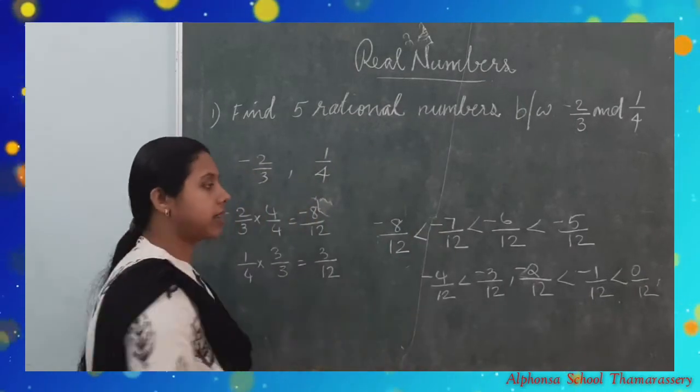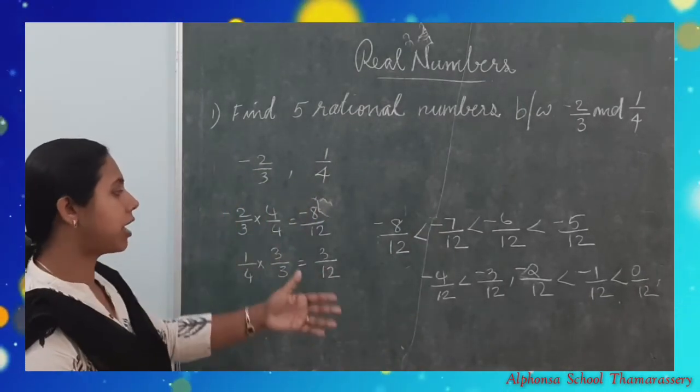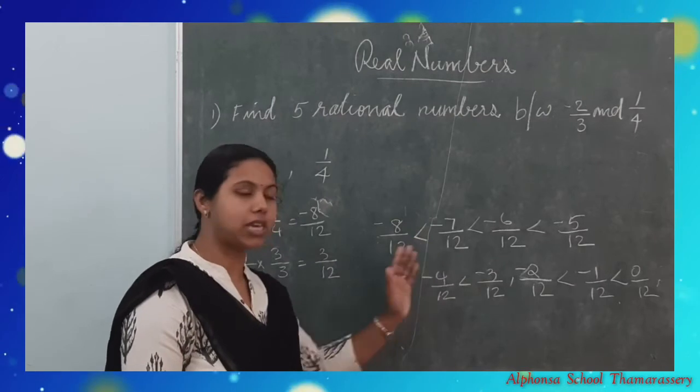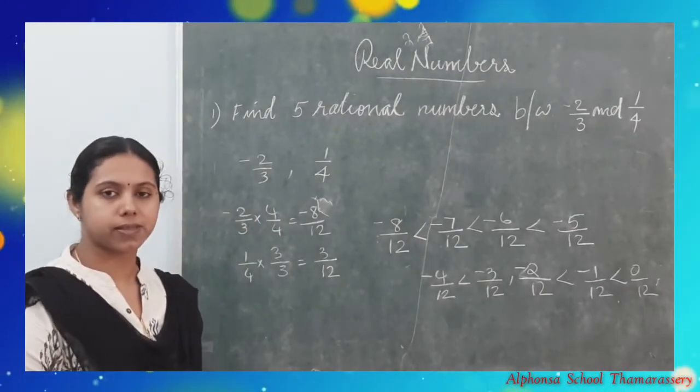Again, it's going like that. So, more than 5 rational numbers you can see between these two numbers.